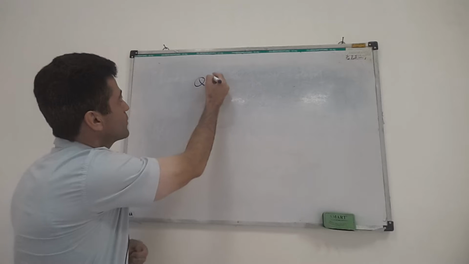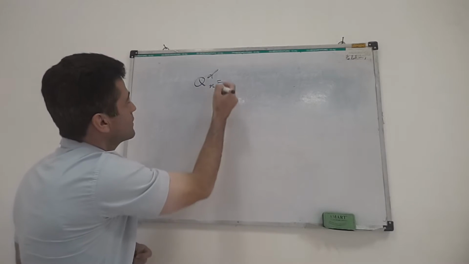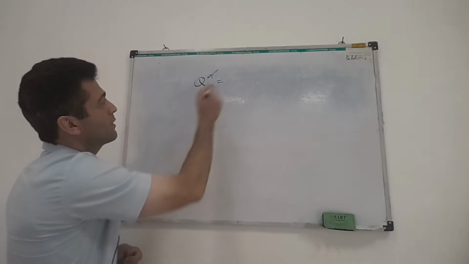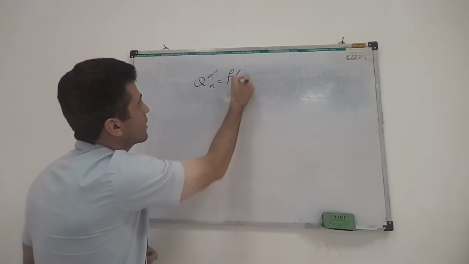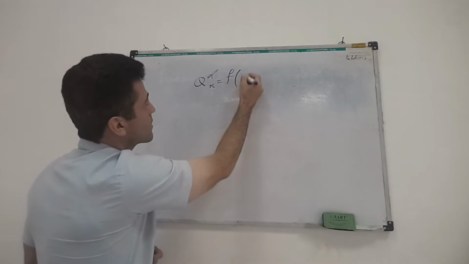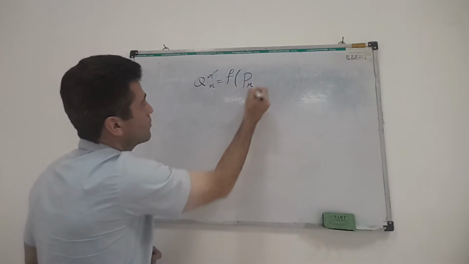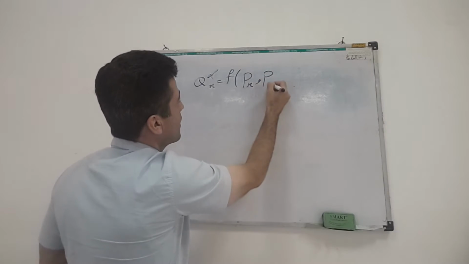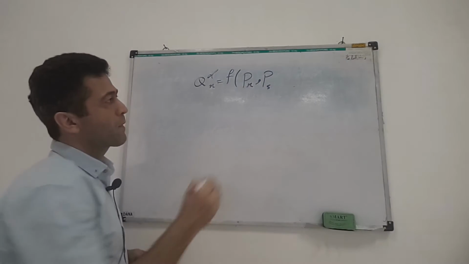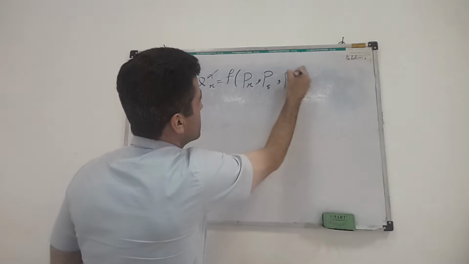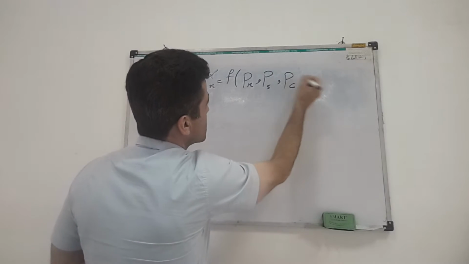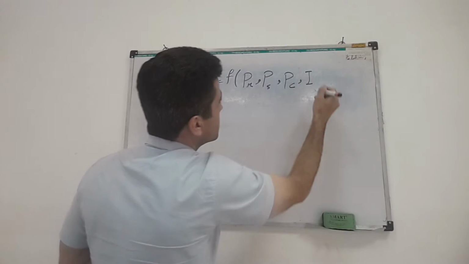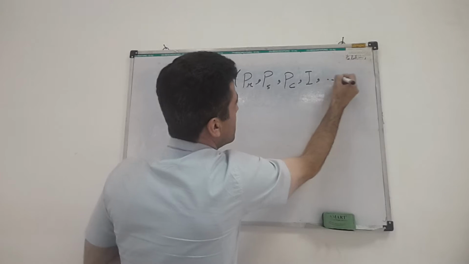We can write here the quantity of demand for X, the good X. The quantity of demand for the good X depends on some variables such as the price of it, Px, prices of other goods such as the price of substitution goods, prices of complementary goods, and also maybe personal income and maybe some other factors.